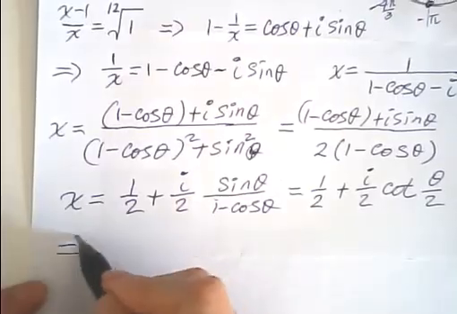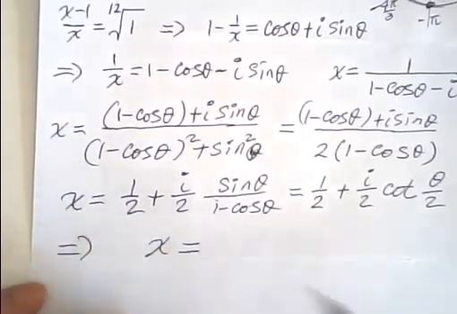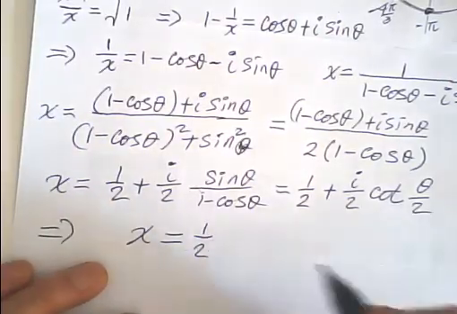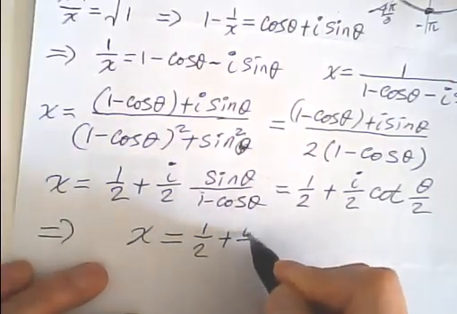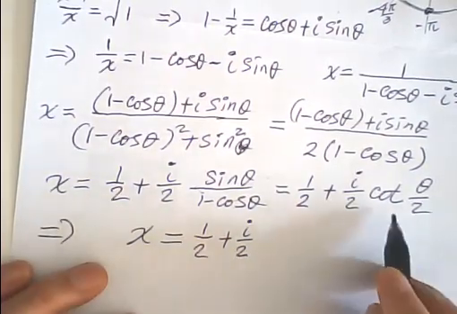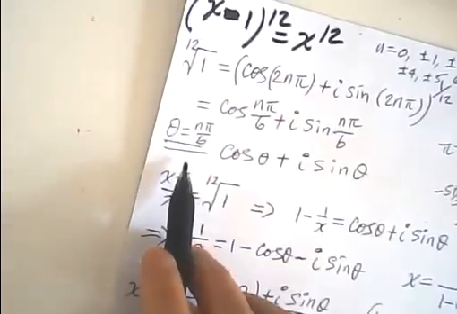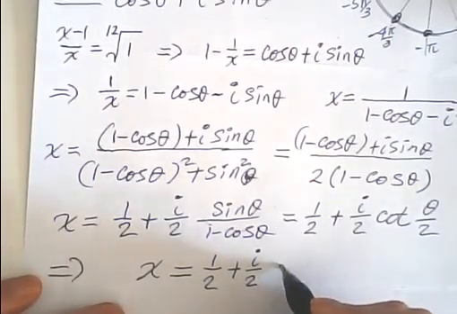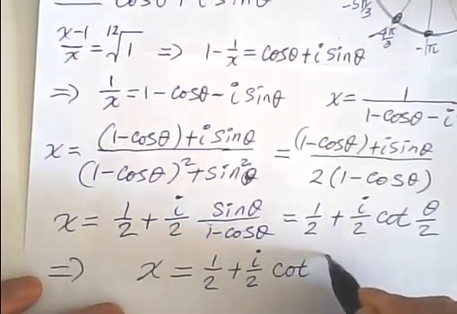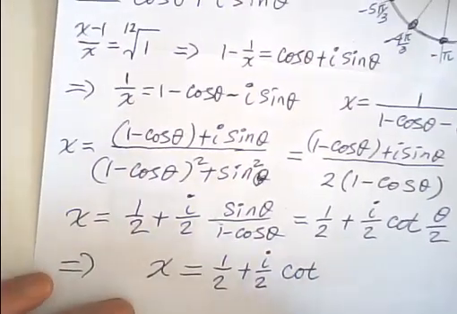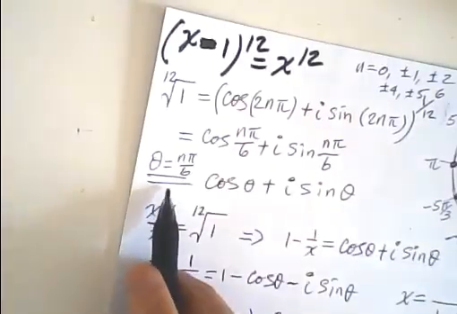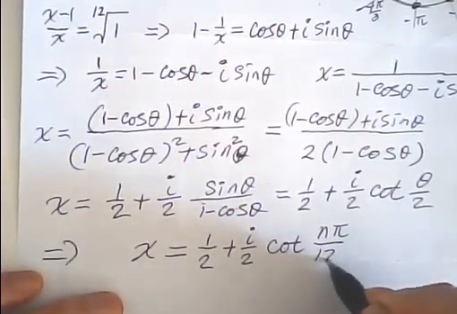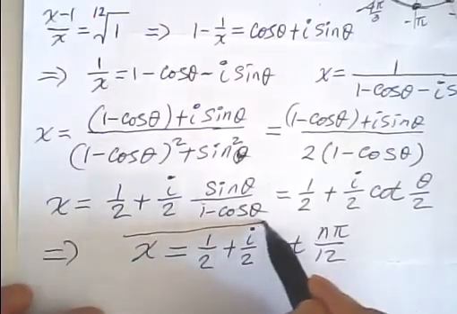So we find x. Okay, we are looking for x, right? I find x. x is equal to 1/2 plus i over 2 cotangent half theta. Theta is n pi over 6. So this is a cotangent of n pi over 12. So I found the x.